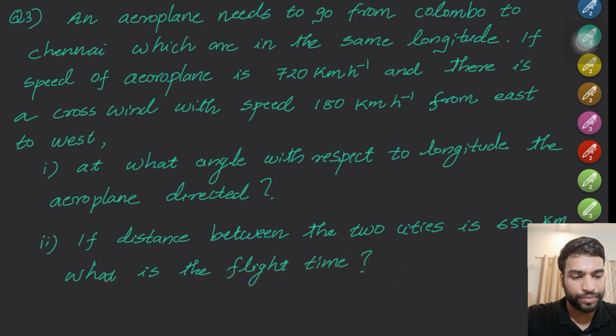Interesting question, right? This is a very application level question, because this is what the pilots do to travel from one point to another point. The pilot has to adjust their nose so that they overcome the wind speed and reach the destination. Okay, good.